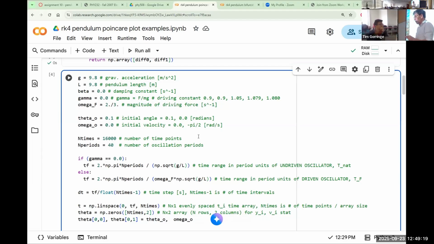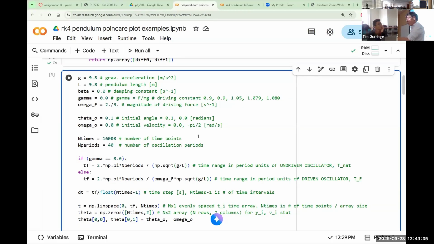And I'm going to make the same sort of plots, but for a certain number of driving periods of the pendulum, if I have a driving force. So I've got an if and else there.